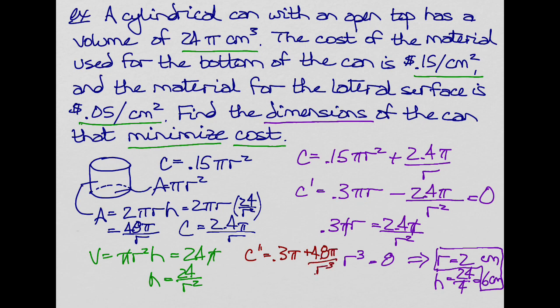When r is positive, 4.8 pi over r cubed is positive, and if I add something positive onto that, I end up with something that's positive. If the second derivative is positive, then I have found a minimum. I have something that's concave up, and I found a minimum.